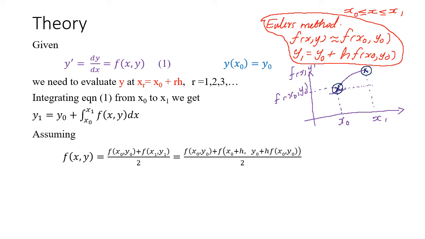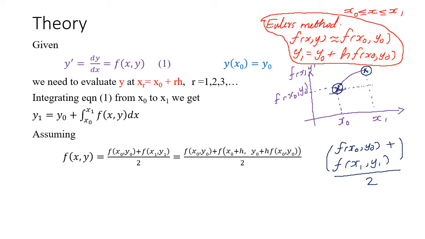That means we measure the value of the function at x0 y0, then we take the value of the function at x1 y1. Then we take the average, that means we find the sum, then we divide it by 2. So we assume that the function is this much: f of x0 y0 plus f of x1 y1, divided by 2. So this is the assumption, correct?